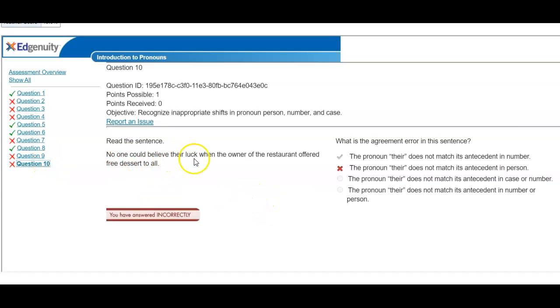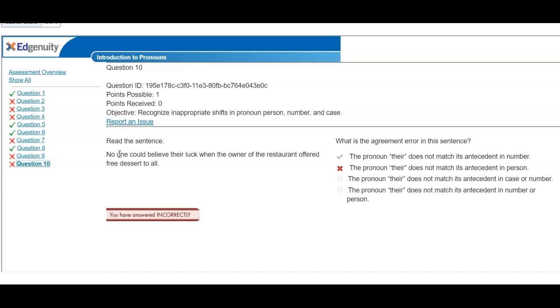Okay? All right, and the last question. No one could believe their luck when the owner of the restaurant offered free dessert to all. Okay, so here we have the reason why there doesn't work. No one, okay, no one, that's singular.